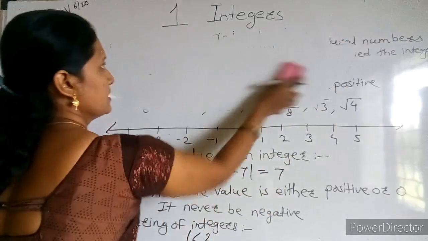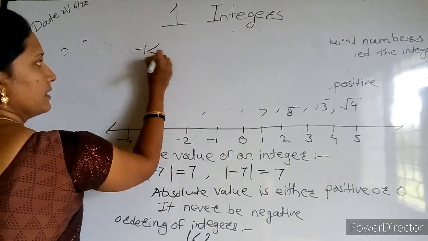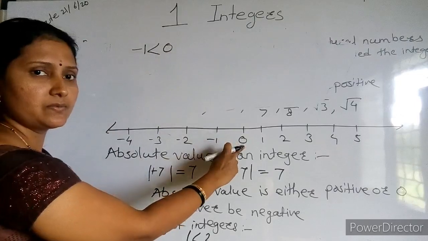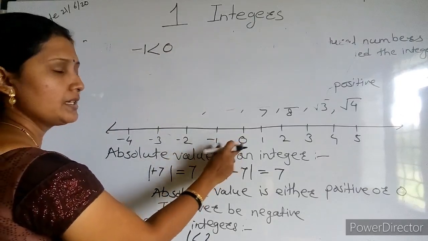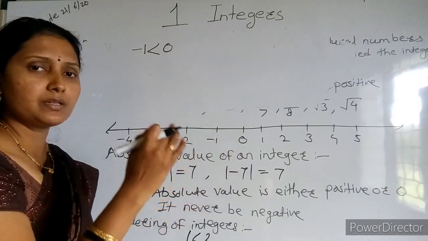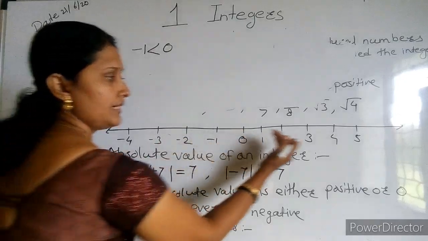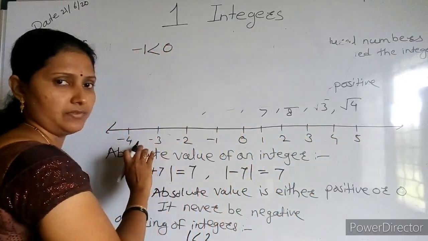Similarly, -1 is less than 0, which means 0 lies on the right side of -1, so 0 is greater. We must keep in mind that as we move right, the numbers are always greater than the left ones.